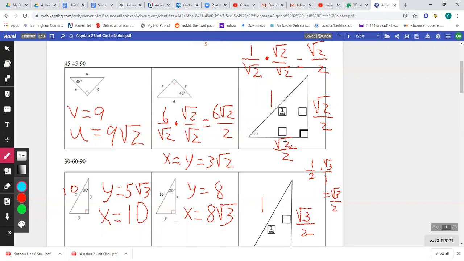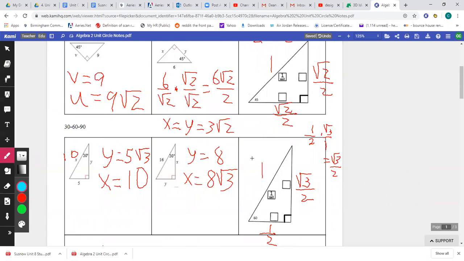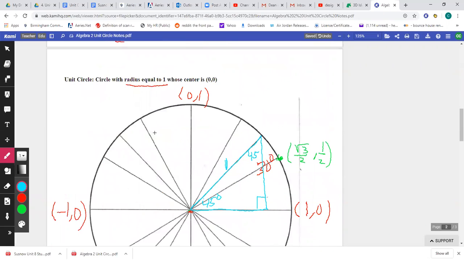This is the 45, 45, 90 triangle where the hypotenuse is 1. So that means the x value here is root 2 over 2, and the y value here is root 2 over 2. So this point right here, the x is root 2 over 2, and the y is root 2 over 2.